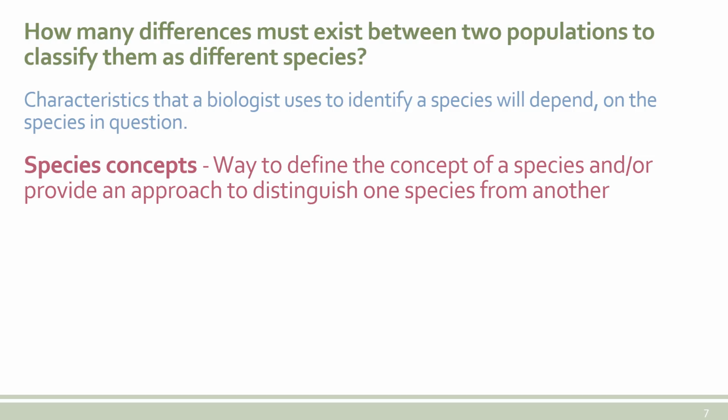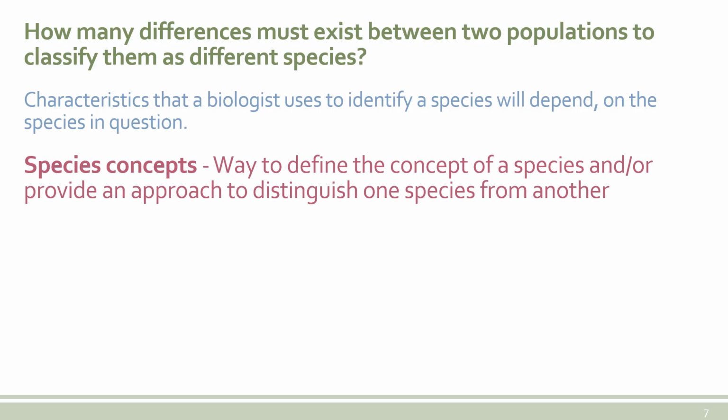So I mentioned in the beginning of the video, there are 4 species concepts. These species concepts are the way that we define a species. They are all based on different criteria, and they're all used for different reasons.